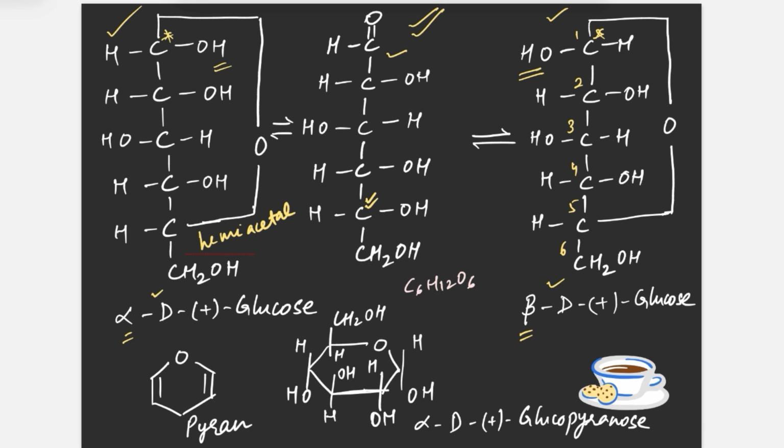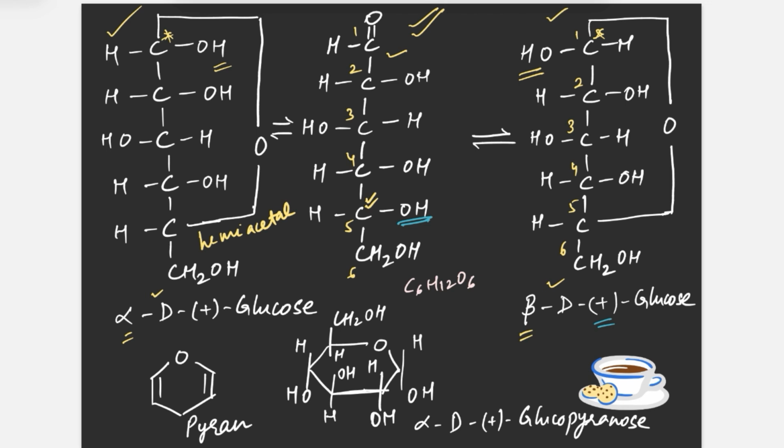D means, ये जो 5th carbon है, numbering this carbon chain also as 1, 2, 3, 4, 5, 6. ये जो 5th carbon है, इस carbon पे OH group अगर right hand side पे है, then it is called D glucose. और यही OH group अगर left hand side पे होगा, then it will be called L glucose. ठीक है, और ये प्लस साइन क्या डिनोट करता है?